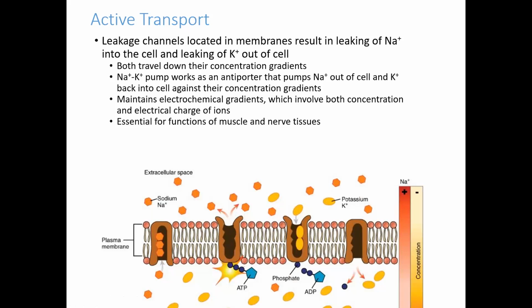And we need the pump to work for our muscles to be able to contract and our nerves to generate and send nerve impulses. We need the sodium, we need the potassium. We got to keep high levels of sodium outside and high levels of potassium inside. If we reach equilibrium, the cell can't function.